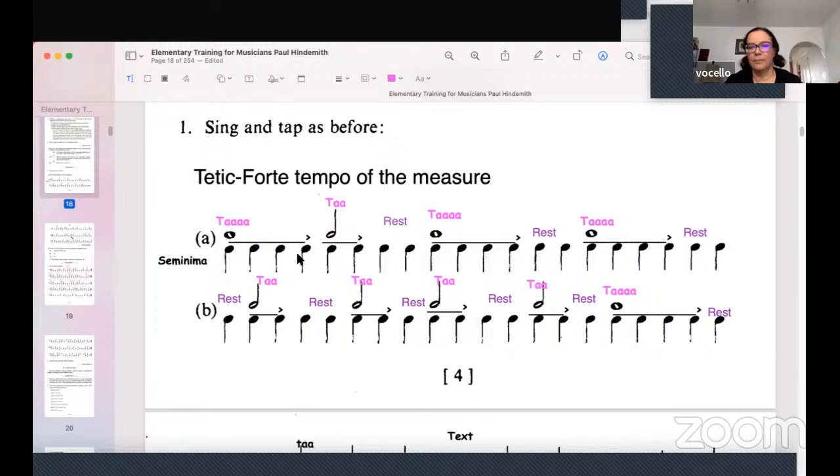Each one is one quarter note, so ta, ta, and here we have these two extra on the bottom, on the referential, the quarter note or semínima.